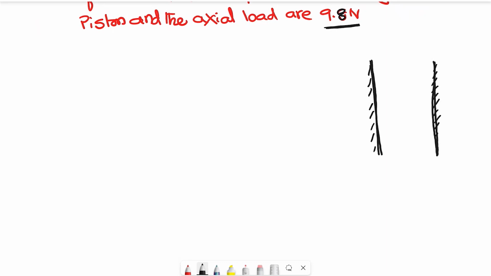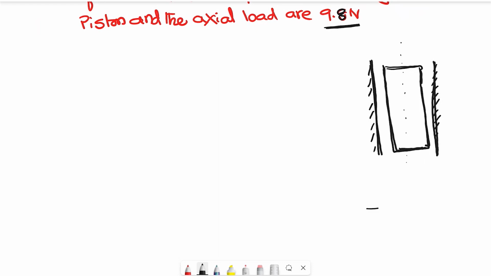If I take this as the central axis, now inside this cylinder, the piston is there. Piston is also cylindrical. Please note that this is cylindrical, not rectangular.